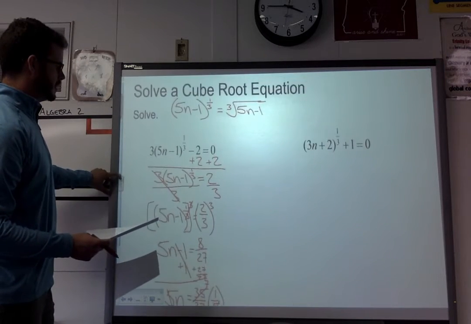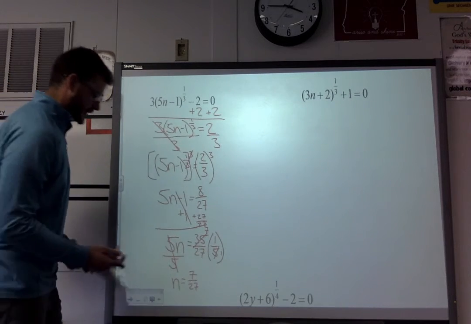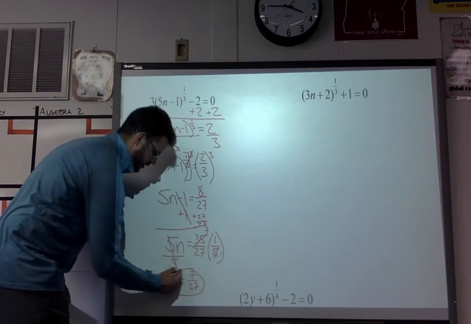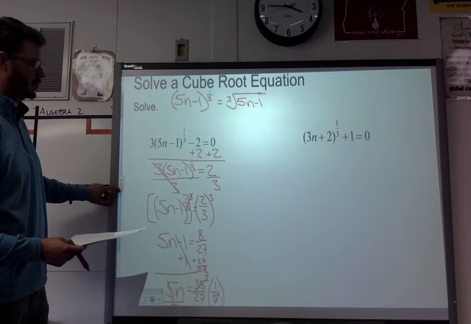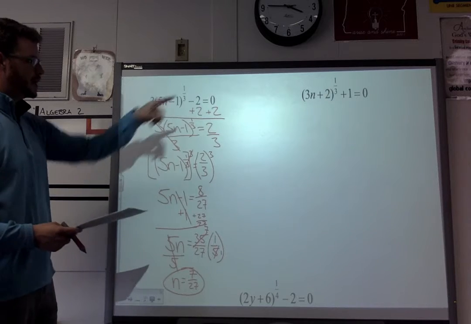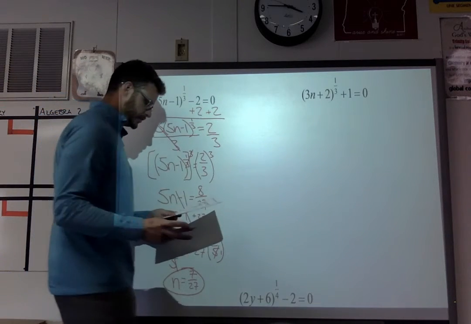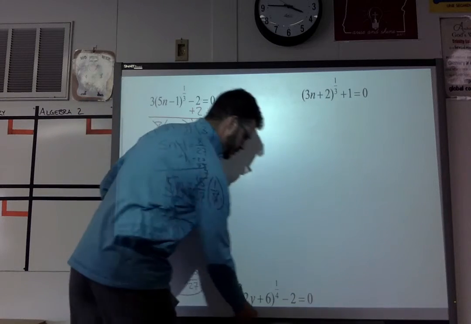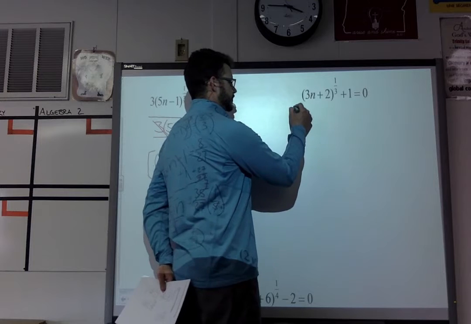Then again, you want to go back and check your answer. In this case, I'll tell you it does work. So 7 over 27 would be our answer there. On this next one over here, I am going to go ahead and rewrite this one as a cubed root.